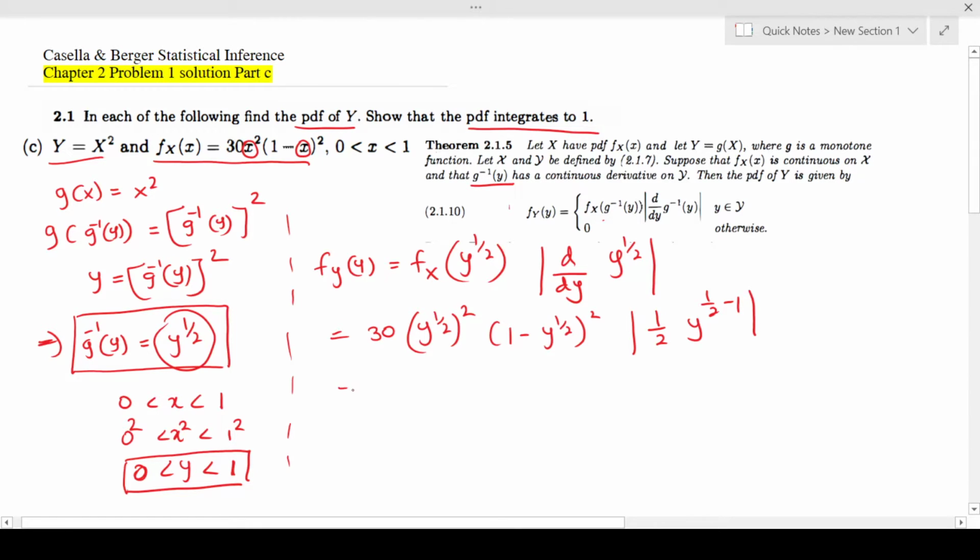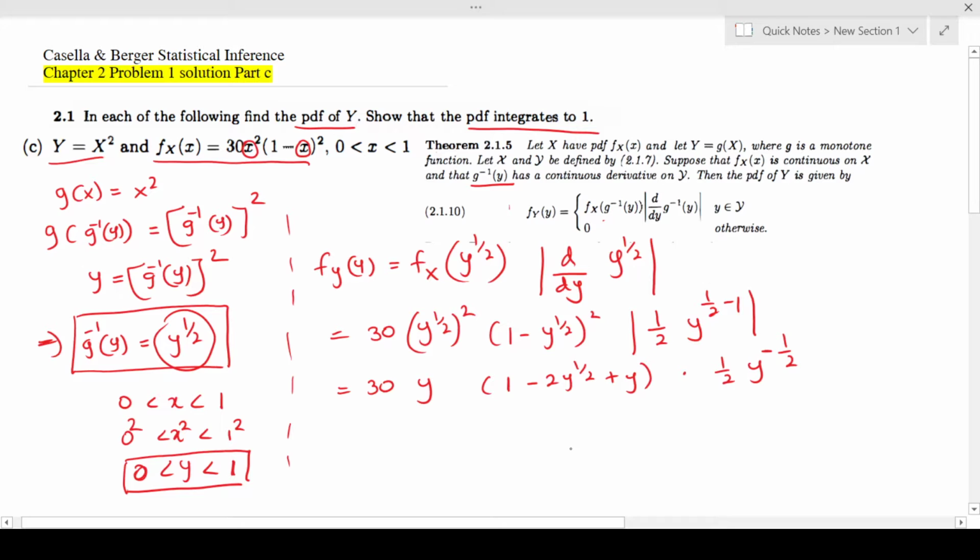So this becomes 30 times y, which is y to the power half squared, times 1 minus 2 times y to the power half, removing the brackets, plus y to the power half squared, which becomes y, times half y to the power negative half.